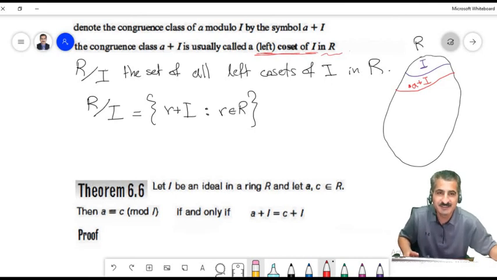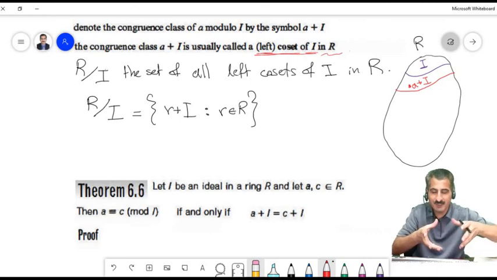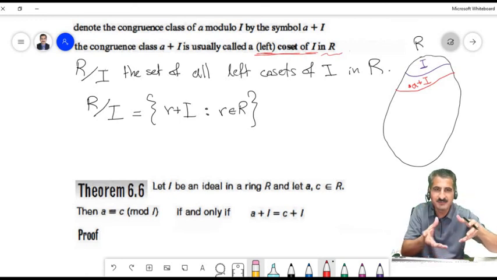Inside the ring R there were a lot of elements, maybe infinitely many. This is I, and this is A plus I.